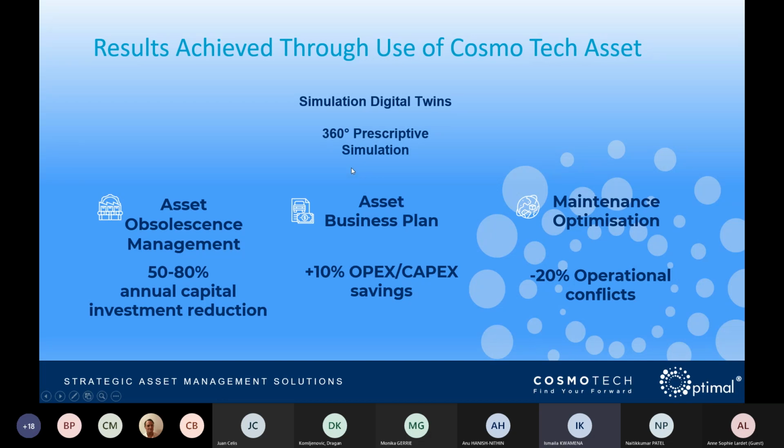From an asset obsolescence management point of view, you can also achieve a 50% to 80% annual capital investment reduction. From an asset business plan point of view, the asset manager can achieve a 10% reduction in capex and in opex, and from the maintenance optimization point of view, the operational conflict could be reduced by 20%.